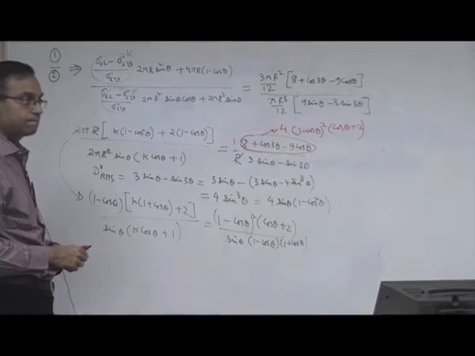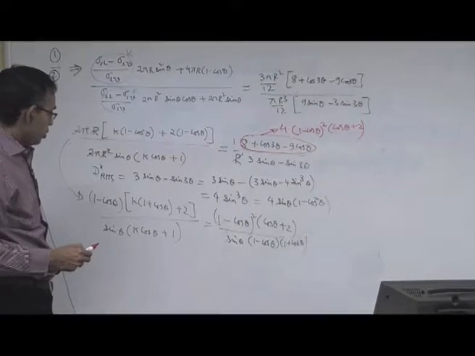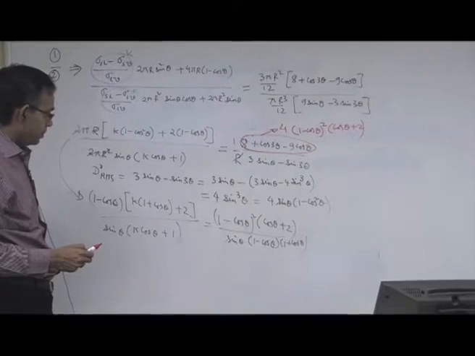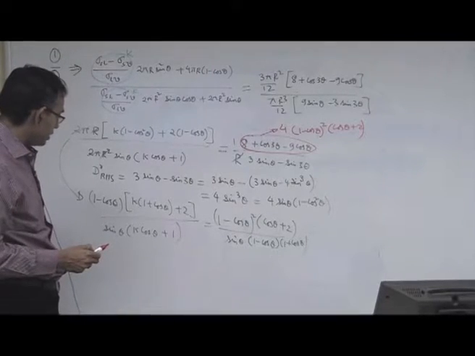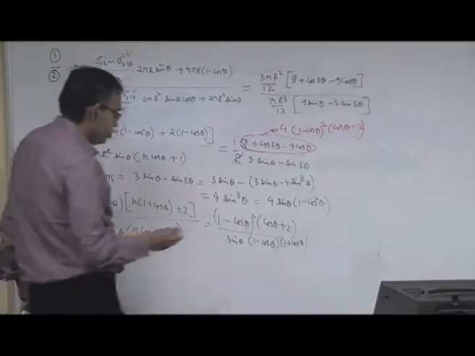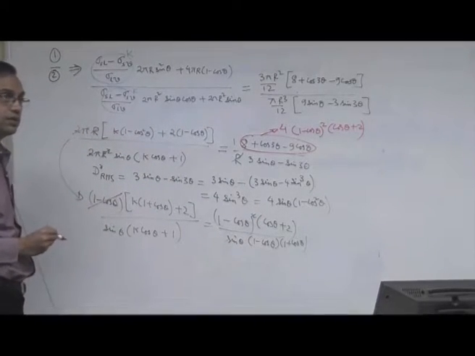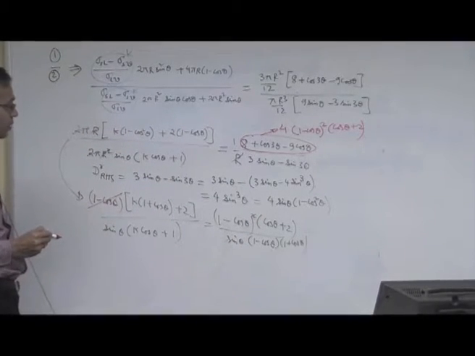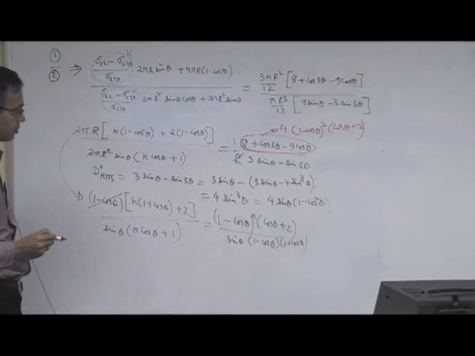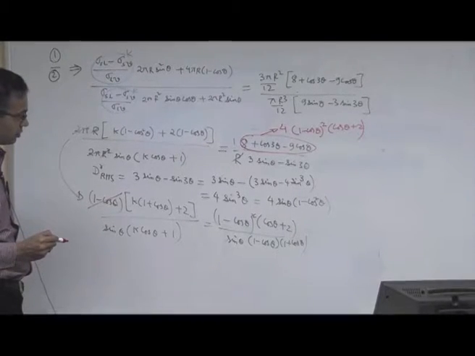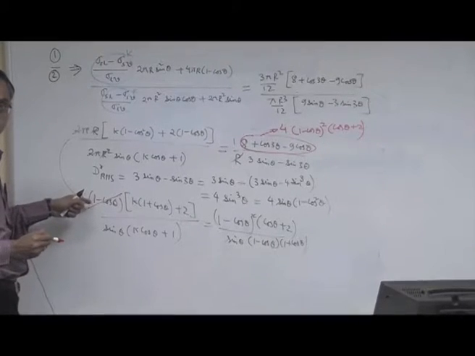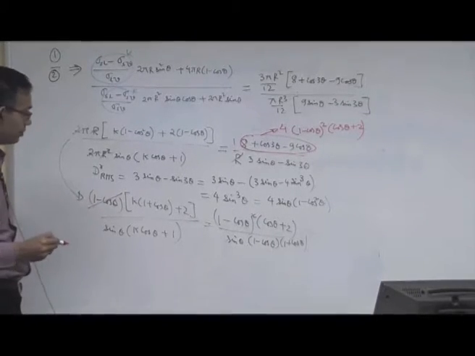All right. So, let us see what are the things which get cancelled. So, one of the (1 minus cos theta) gets cancelled here, theta is not equal to 0 in general.